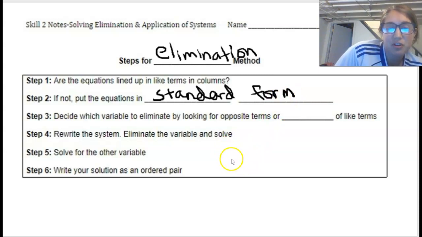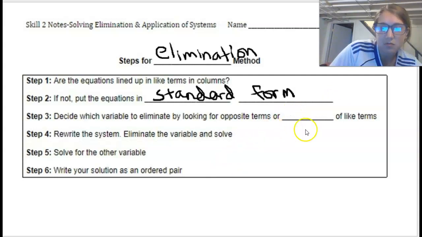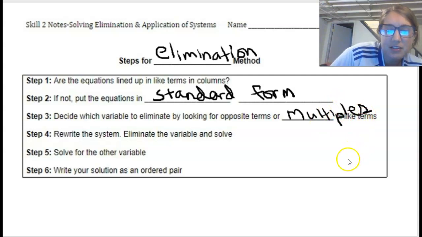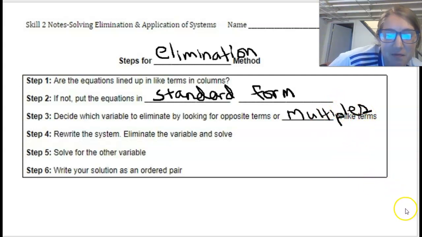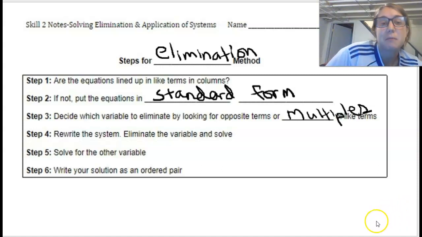Decide which variable to eliminate by looking for opposite terms or multiples of like terms. Rewrite the system, eliminate the variable, solve for the other variable, write your solution as an ordered pair. This will make much more sense when we take time to practice that.